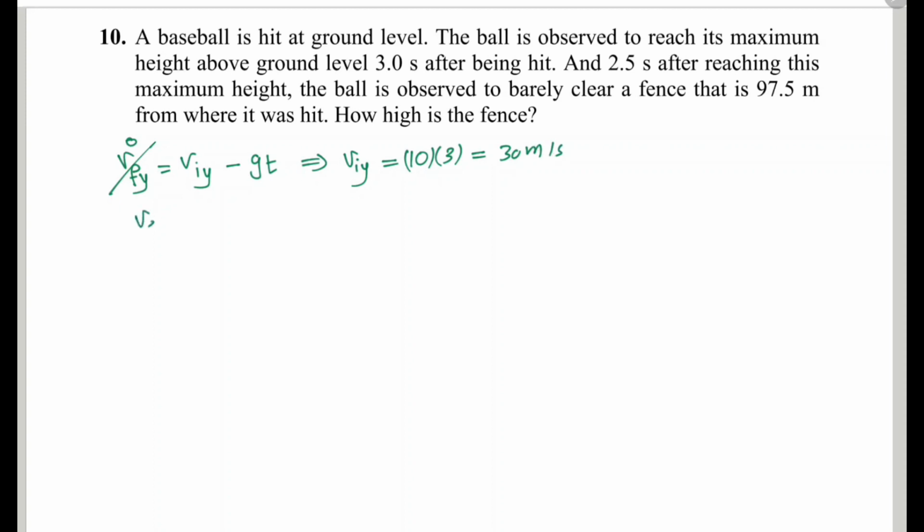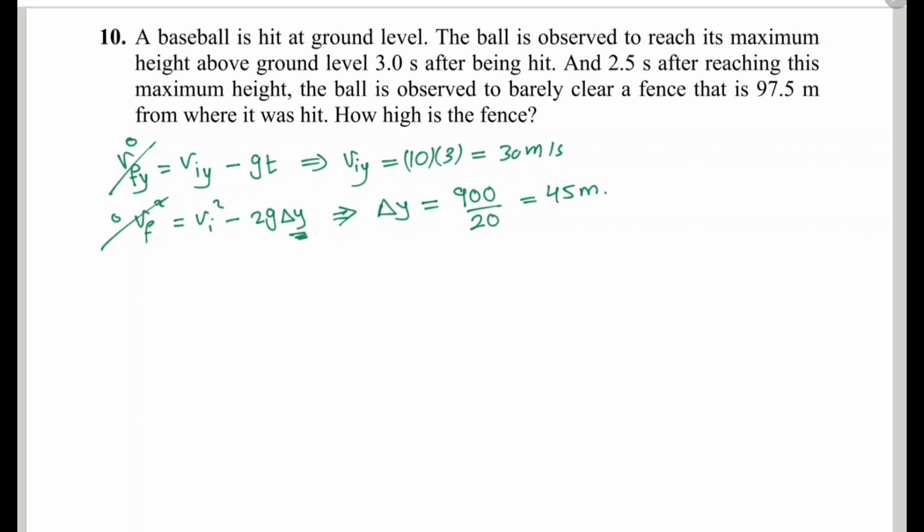Now, v final squared equals the initial squared minus 2g delta y. We need to find here the maximum height. So in this case, this one is 0. So delta y equals 900 divided by 20 or 45 meters.